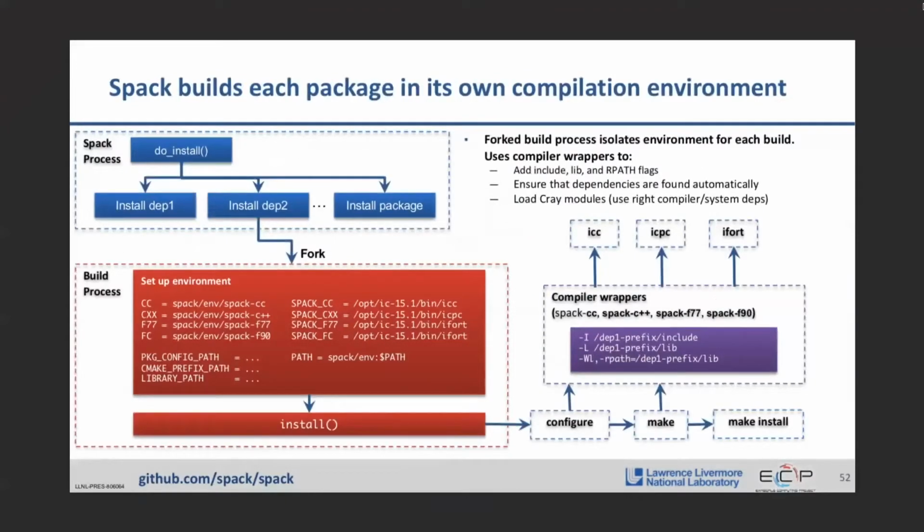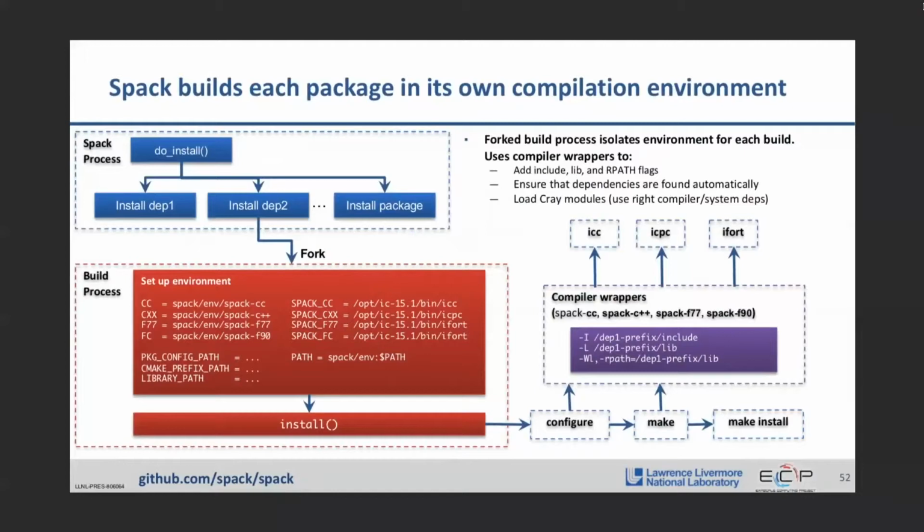So what does that look like? Here's kind of what happens when we say spack install hdf5. We call HDF5's do_install. What does that do? It recursively calls do_install on each of the dependencies, and then it installs itself. For each thing that it installs, we fork a process, set up the build environment.